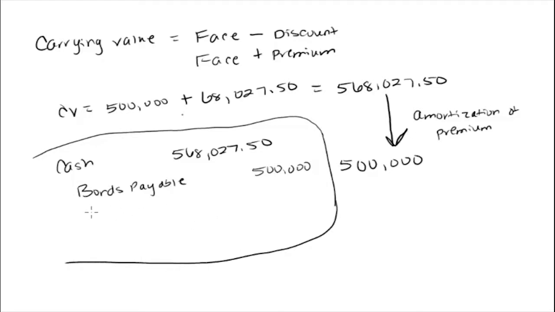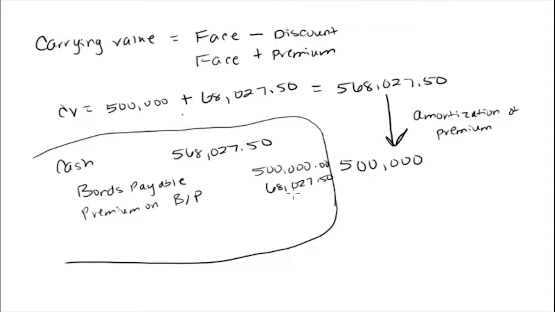And then you had premium on bonds payable, and that was our $68,027.50. So the premium matches up with it because it adds to. If it was a discount, it would have been a debit because it deducts from.